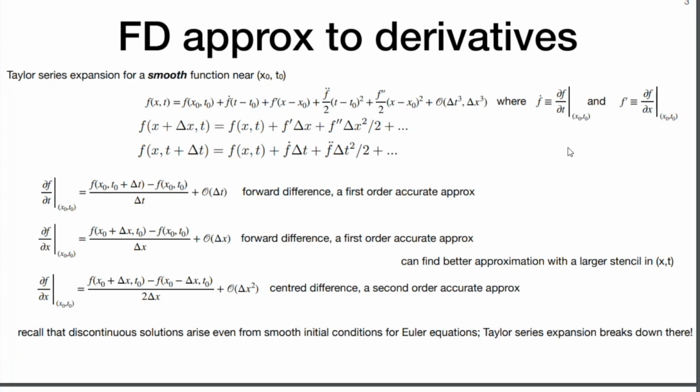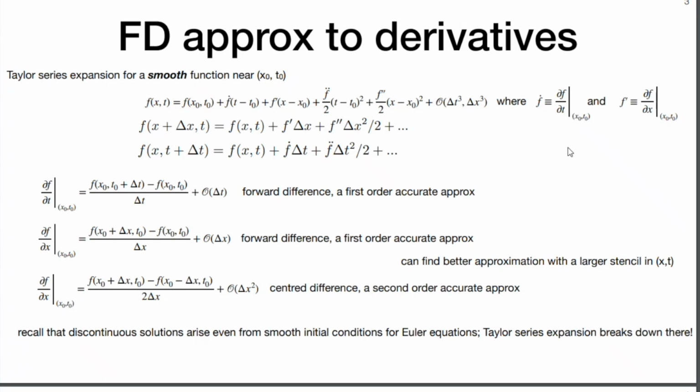So this minus this divided by delta t is this, and the first omitted term, when you divide by delta t, gives an order delta t error in this expression. So this is the finite difference form.